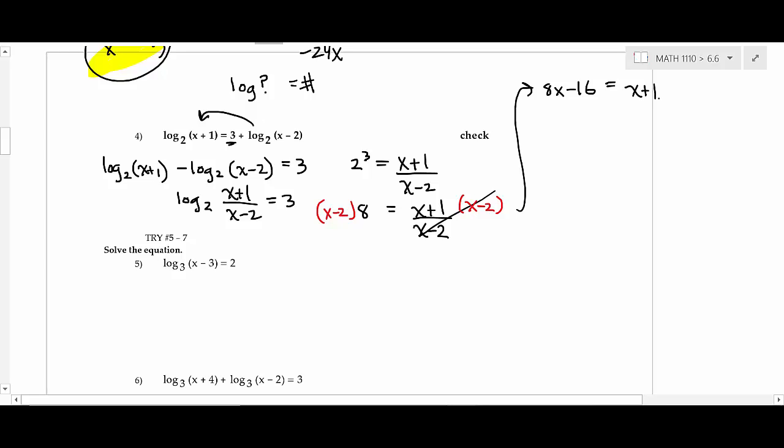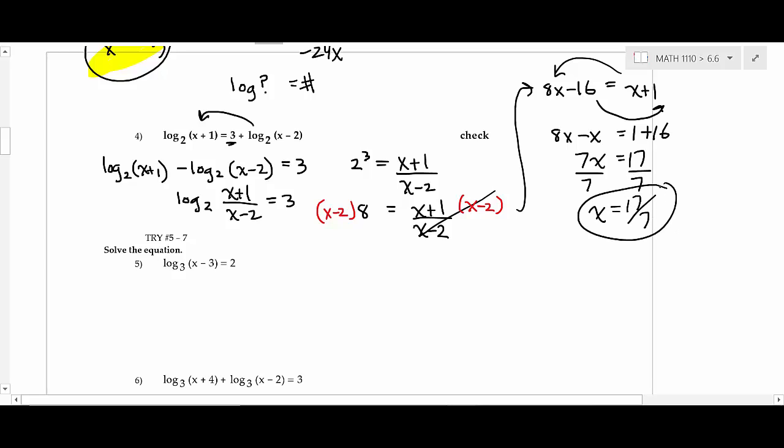That's the equation we want to solve. I'm going to get all my x's on the left, all of my constants on the right. So I have 8x minus x equals 1 plus 16, so that is 7x equals 17. If you divide both sides by 7, you'll get an answer to that problem.